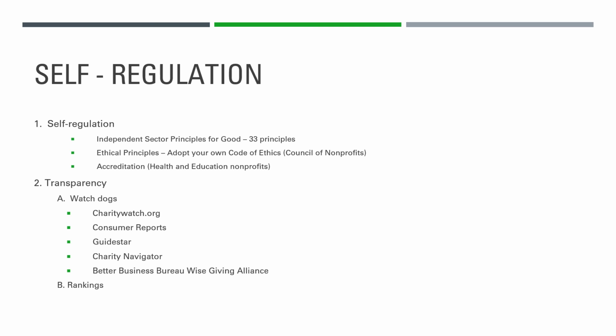So you need to make sure you identify those. Then you want to look at different watchdog organizations and see what other nonprofits are getting in trouble for, so you can make sure you avoid those. And they are listed here as well.